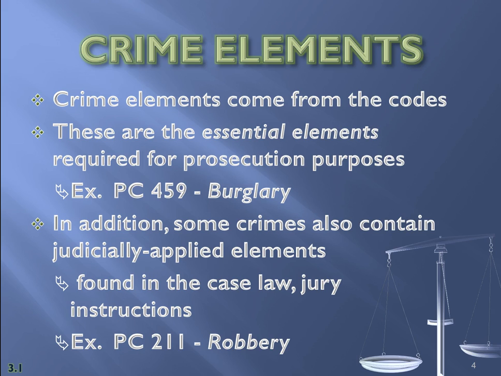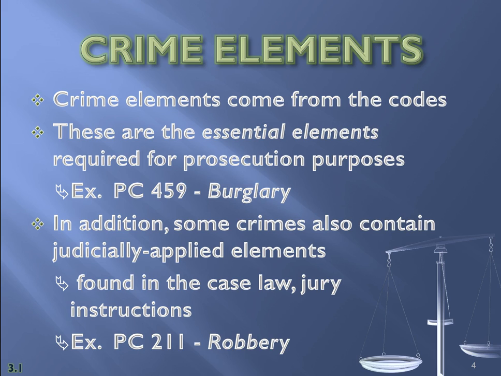So here's an example, and we'll use robbery, Penal Code 211. The statutory definition of robbery contains four elements to make up that particular crime: taking property possessed by another from the person or presence of the victim, against the victim's will, and finally by means of force or fear.